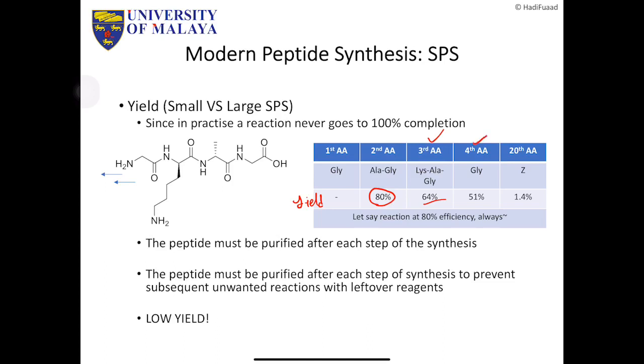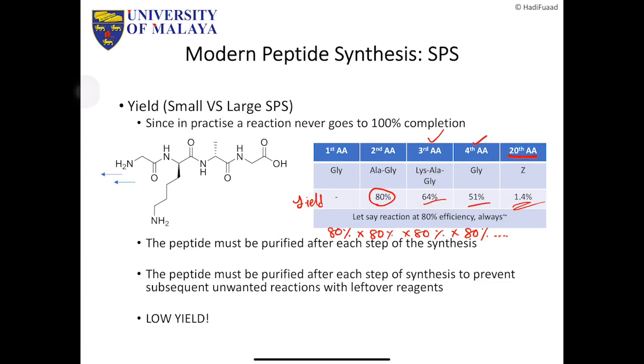On the fourth amino acid, you get 51% yield. By the 20th amino acid, the yield is only 1.4%. So you can see that there's a huge loss. How do I calculate this? I calculate 80% times 80% times 80% times 80%, meaning that for each coupling there's only 80% efficiency.